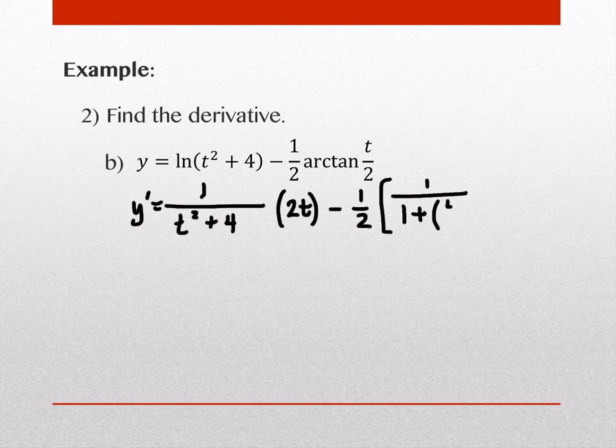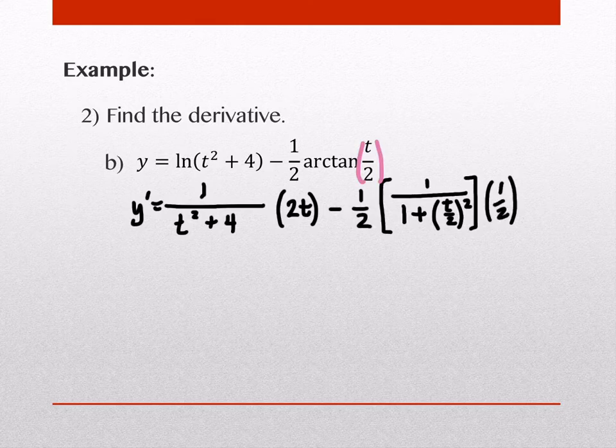Let's try that again. t over 2 squared. Okay, so that's the derivative of the arctangent part. But the arctangent has a chain rule inside of it, right? What's the derivative of the t over 2? 1/2. Okay, pretty good so far?